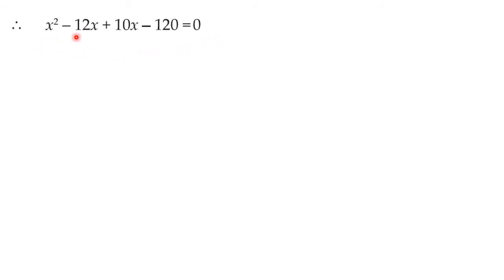Now in the next step you have to group and take out common. So first group these two terms and then the last two terms. So here what we can find is x is common and here 10 is common.